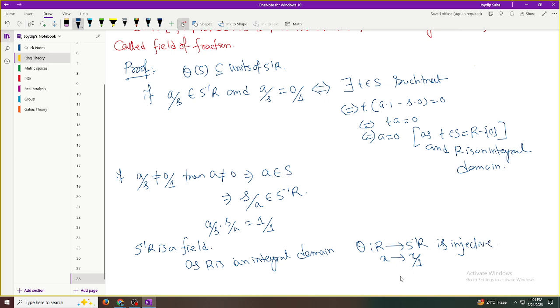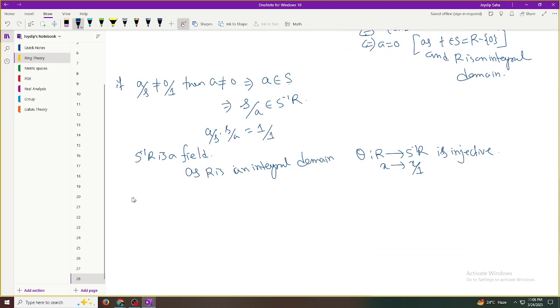So you can say that S inverse R contains R.